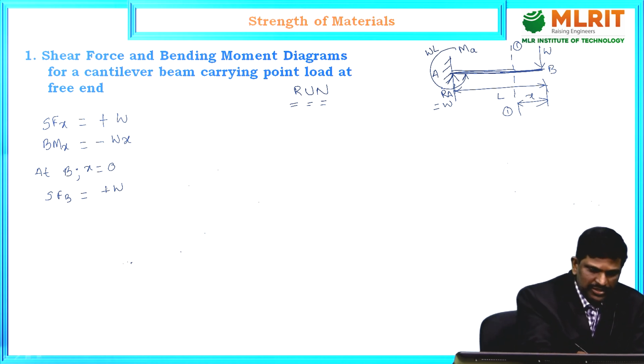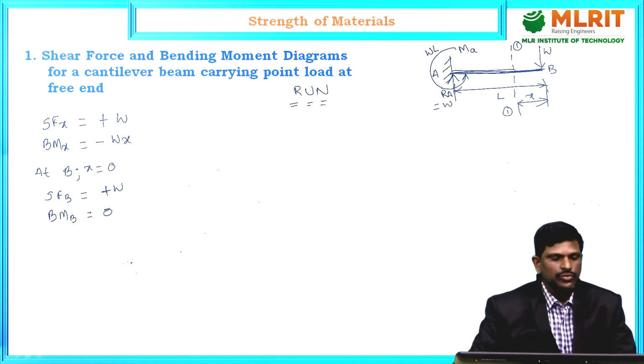So its value is constant, W. Bending moment at B is equal to minus W into 0, that is 0. So, shear force at B is plus W and bending moment at B is 0.